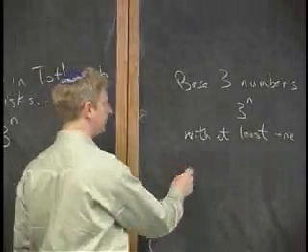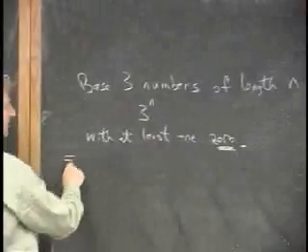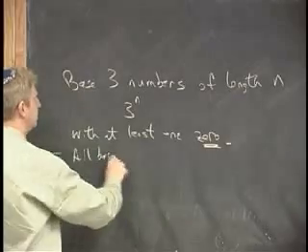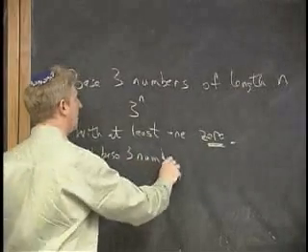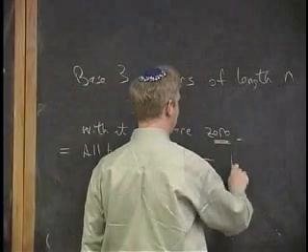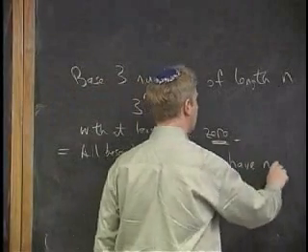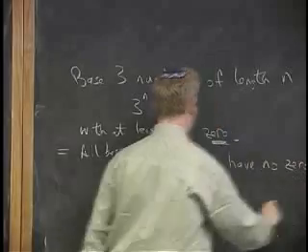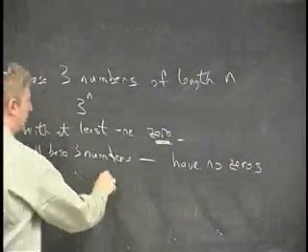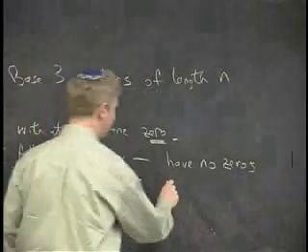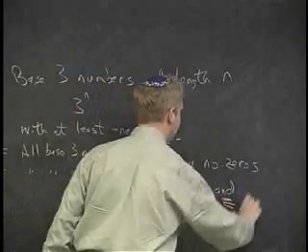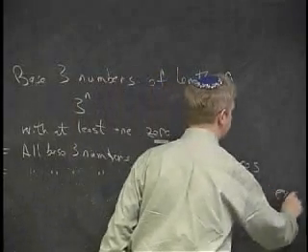So let me write this down. At least 1 zero, that's the same as all the base 3 numbers minus the ones that have no zeros. That's the same as base 3 numbers minus the ones that have all 1s and 2s exclusively.